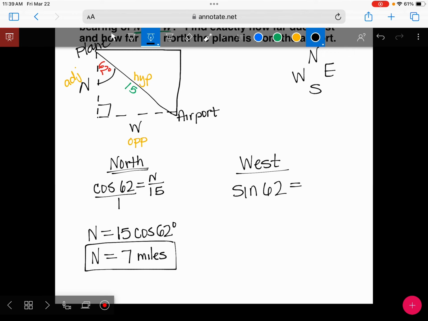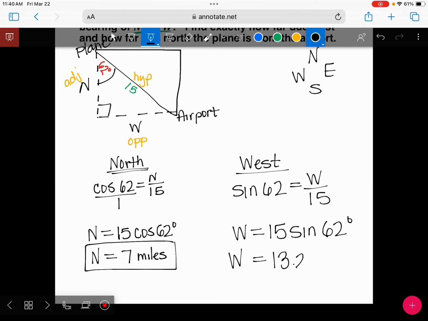Sine of 62 equals opposite over the hypotenuse, which means that the west is 15 times the sine of 62. All right, go ahead, type that in your calculator. Now that one should be 13. I got 13.2.